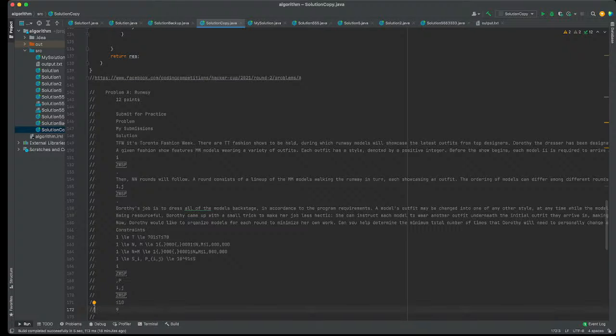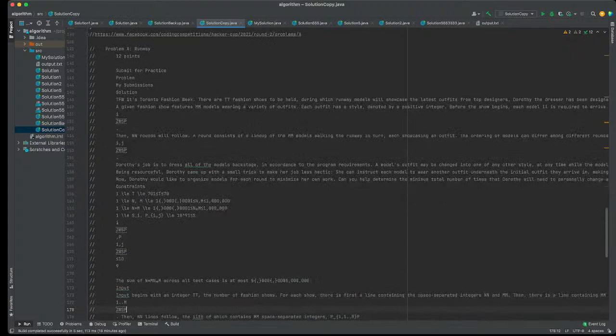Every person will wear some clothes, so it uses a number to indicate a clothes. There is some initial stage, round 1, round 2, and then there are several rounds.